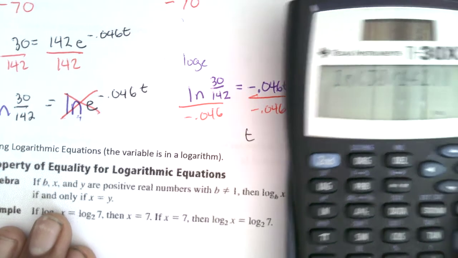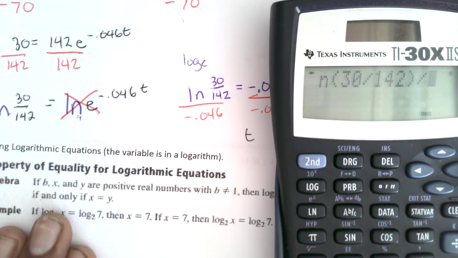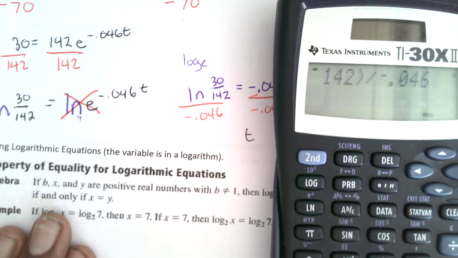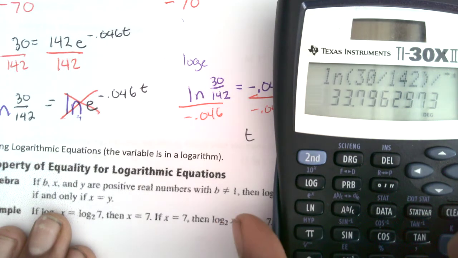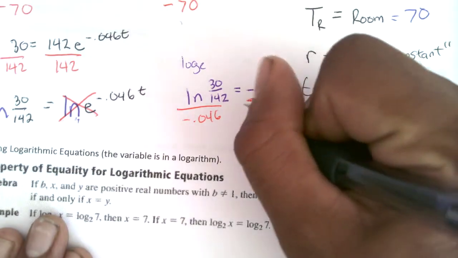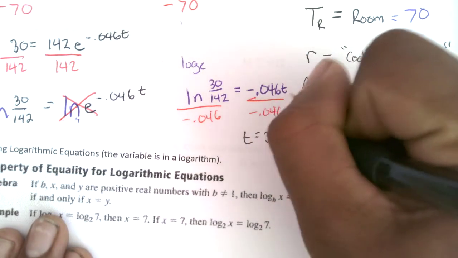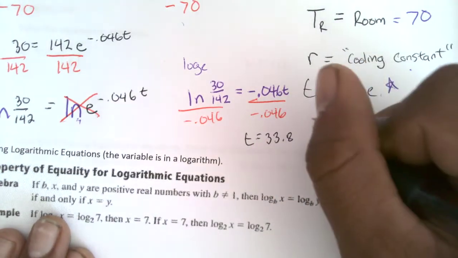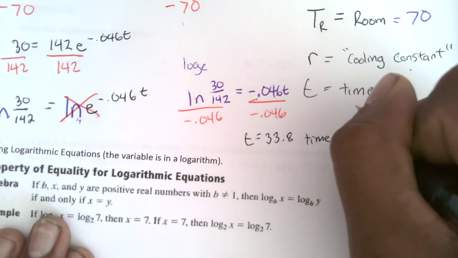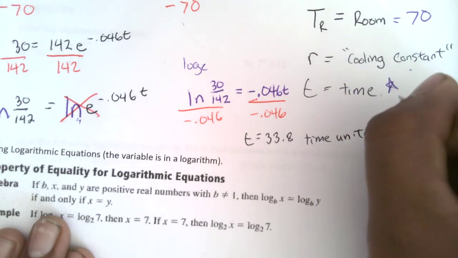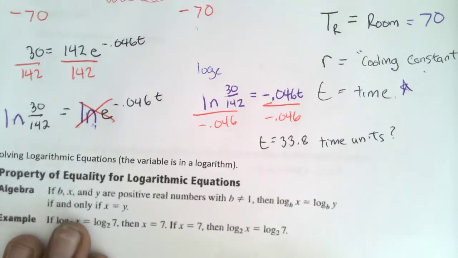I'm going to close my parentheses here, divided by that negative. Make sure you use a negative, not a subtract button. That sometimes happens. And we get, let's call it, 33.8. I don't know if that's minutes or seconds. There's just some time units, depending on what we're talking about.